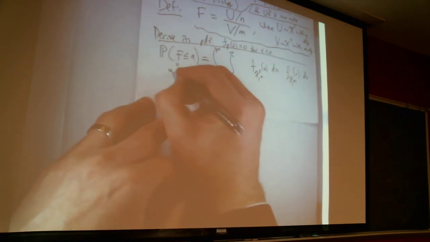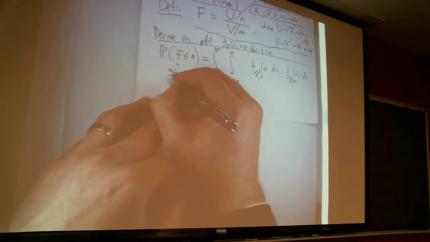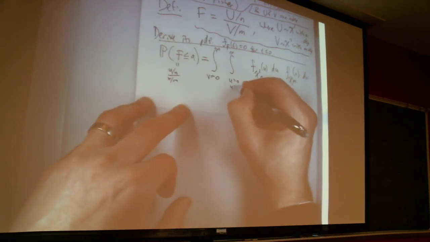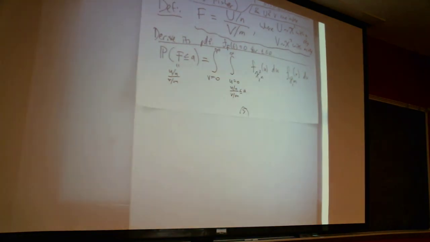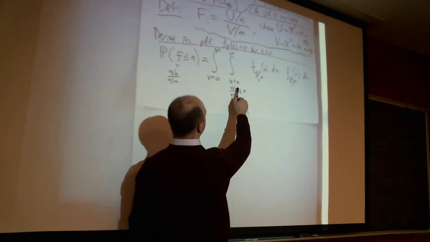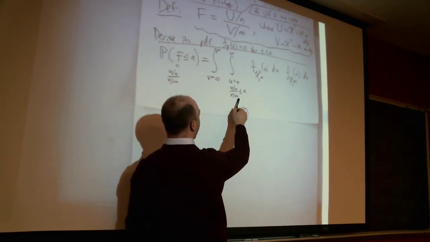So F is u divided by n over v divided by m. So it's restricted by the fact that u divided by n over v divided by m is at most a. Because that's the condition I want to capture.